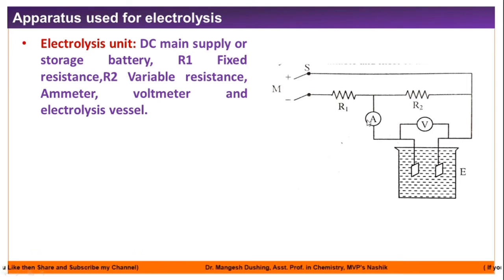A is an ammeter reading up to 10 ampere current, while V is a voltmeter reading up to 10 to 15 volt potential difference, E is the electrolytic vessel, and S is the switch. Different types of commercial apparatus for electrolysis are available and most of them use this circuit.